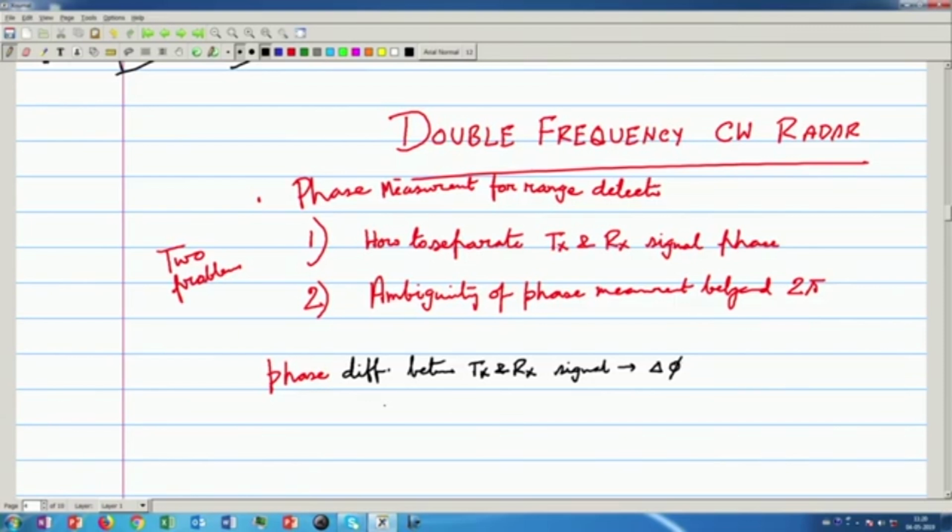We know from our knowledge of electromagnetic theory that this is nothing but 2 omega naught R naught by C. R naught is the range. Again I am assuming a fixed target, not a moving target. So, this is nothing but 4 pi f naught R naught by C.